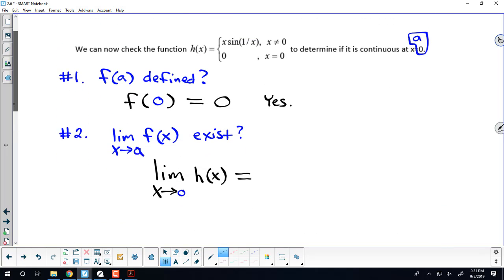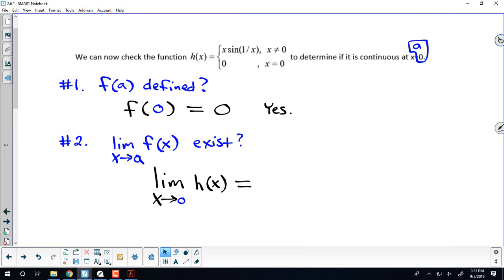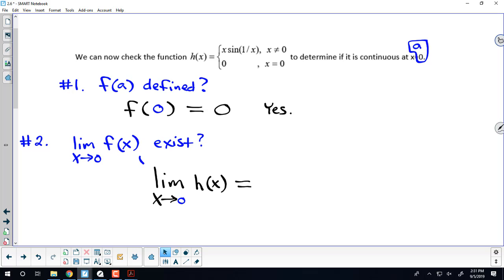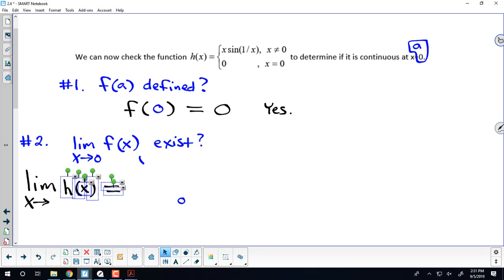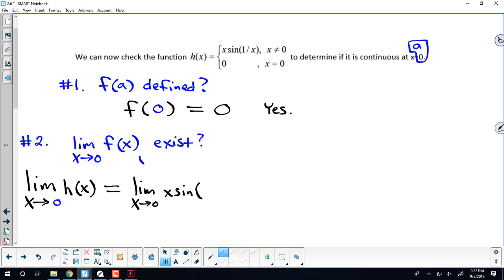Oh, I'm running out of space. Well, that's the limit as x approaches 0 of x sine of 1 over x. So as x approaches 0, we have a 0 times, what's the sine of 1 over 0 in the sense of a limit?